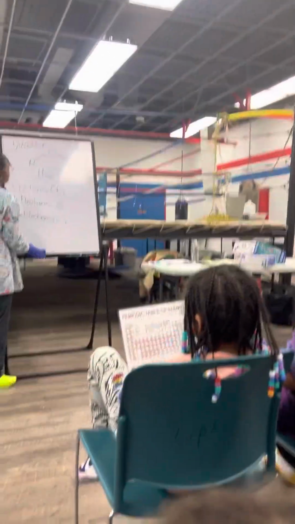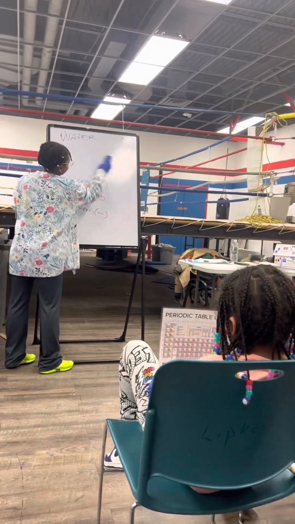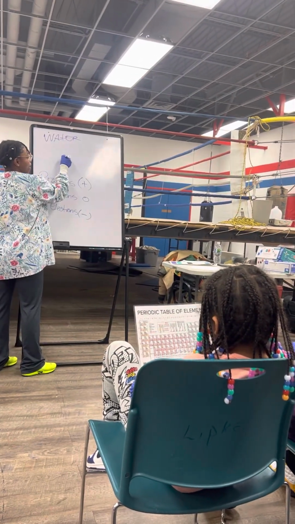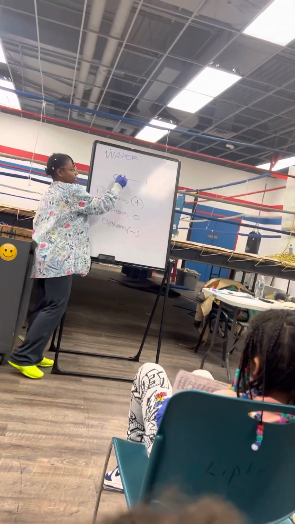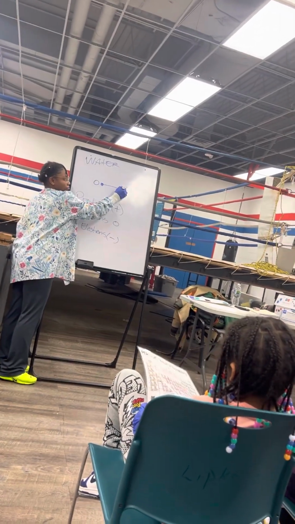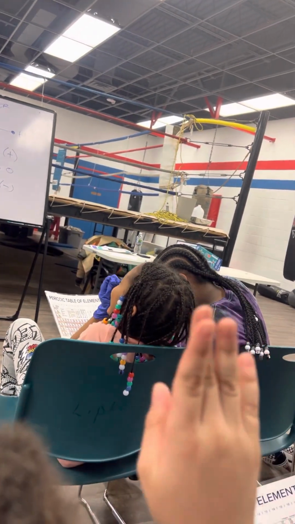Okay, so let me tell you how bonds are made. I know we're moving fast. I promise it's gonna make sense at the end. Remember how oxygen was connected to hydrogen with a line? You got electrons right here. What's the charge? Positive, negative?